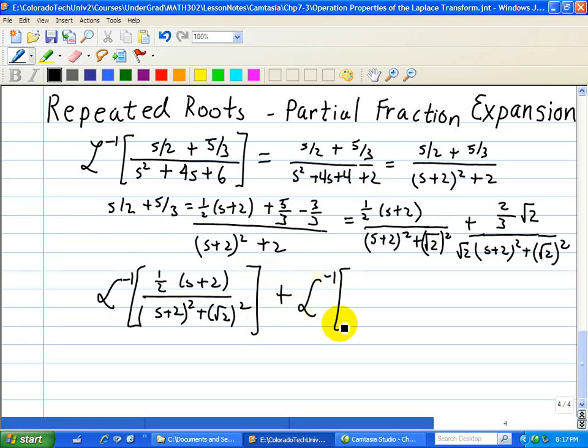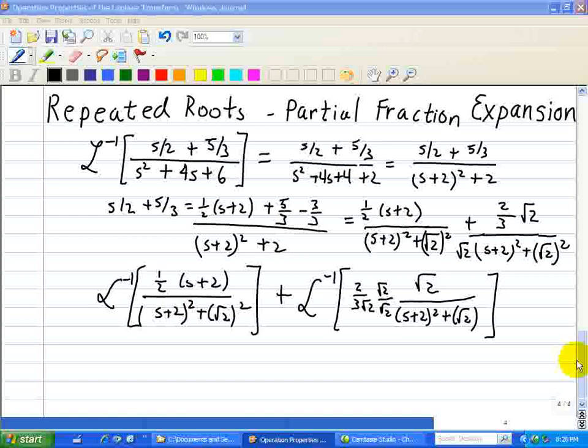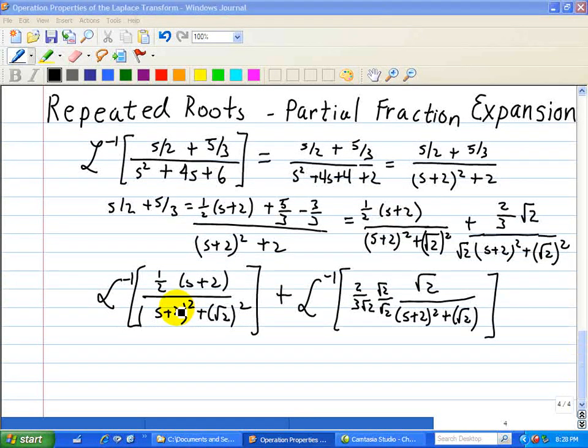Inverse Laplace transform of 2/3 divided by the square root of 2 times the square root of 2 over the denominator, and we recognize this form now to be the sine term.